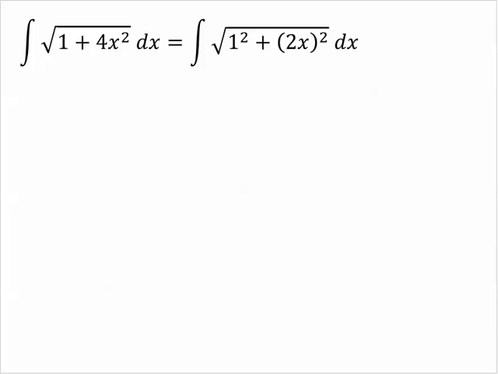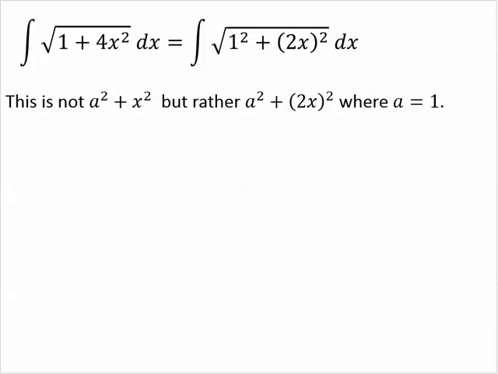The first thing that I would do is rewrite the expression underneath the radical as 1 squared plus twice of x squared. Now, this is not a squared plus x squared, but rather a squared plus twice of x squared. So we're going to have to be a little flexible here.